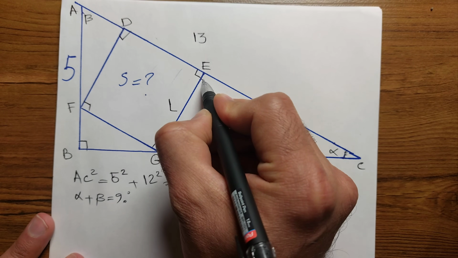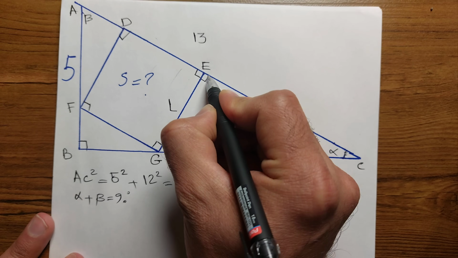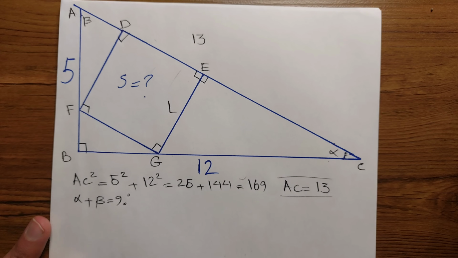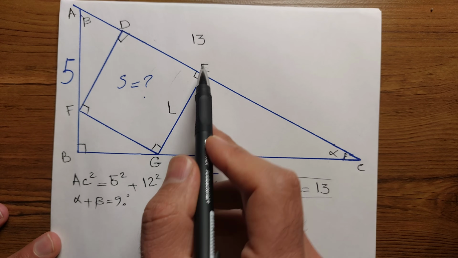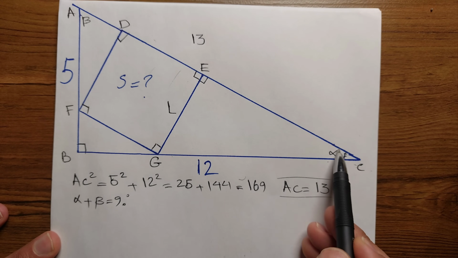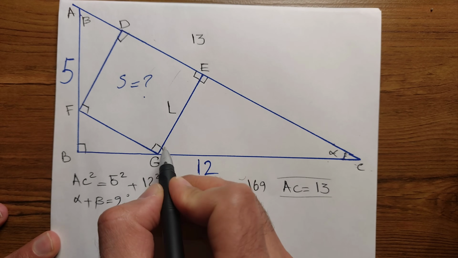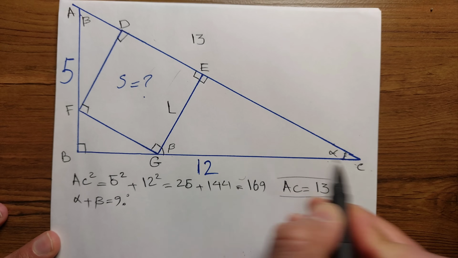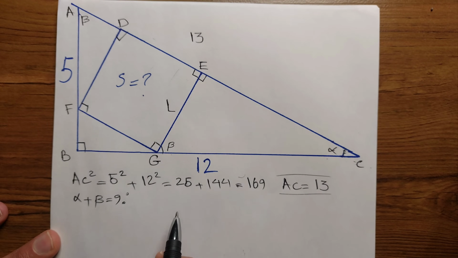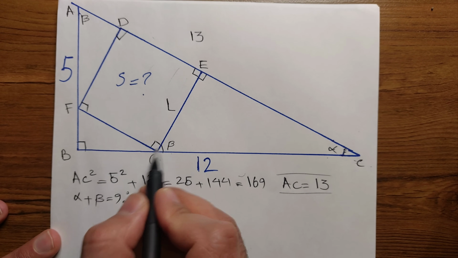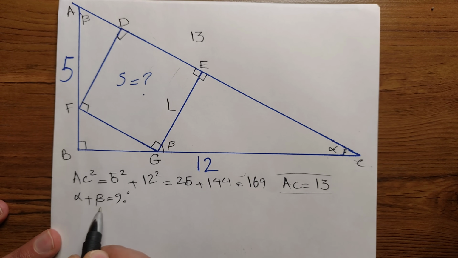This is a right angle, and so is this angle. So if this is a right-angled triangle and this is alpha, then this angle must be beta again, because alpha plus something is 90 degrees. So alpha only plus beta is 90 degrees.